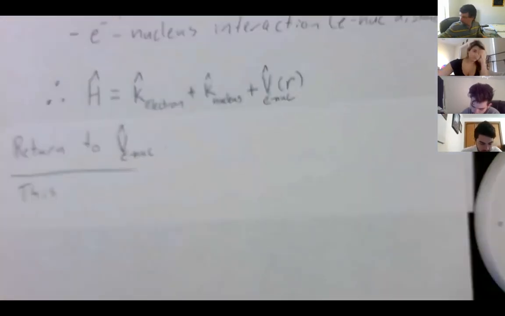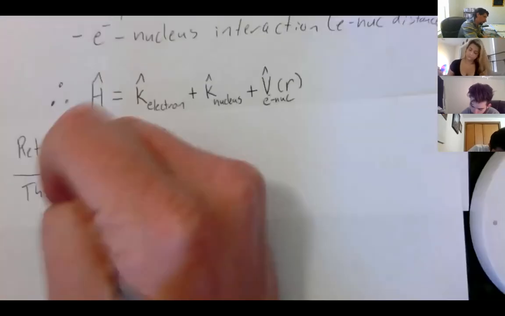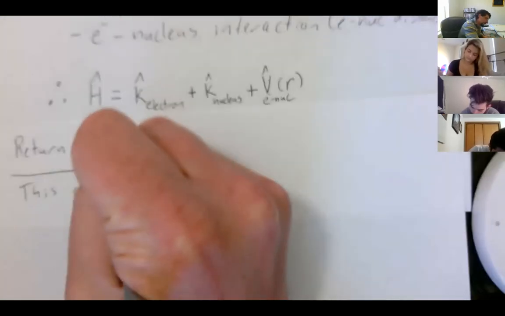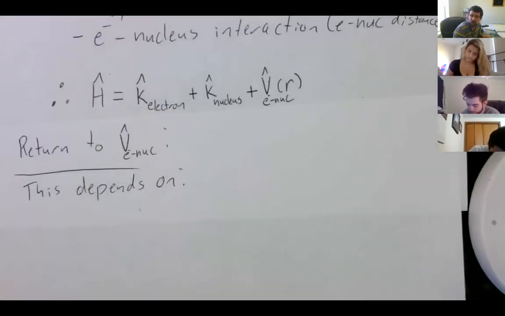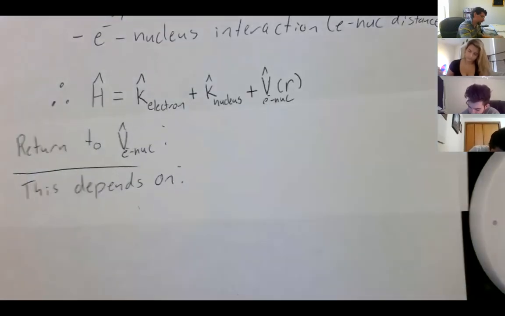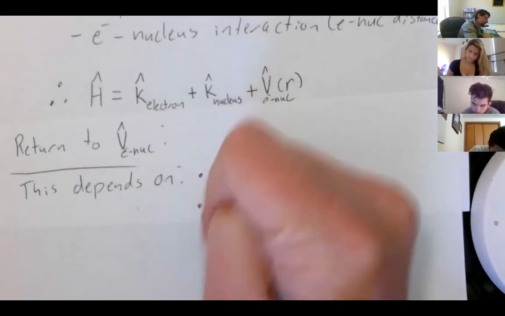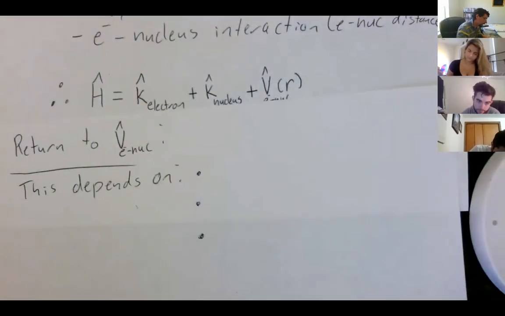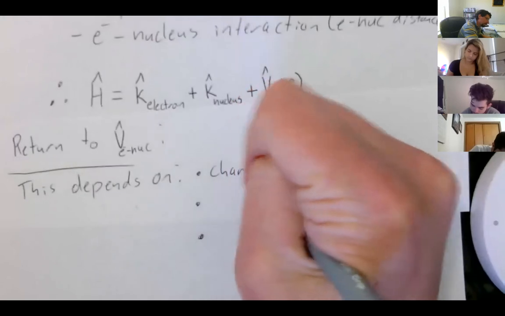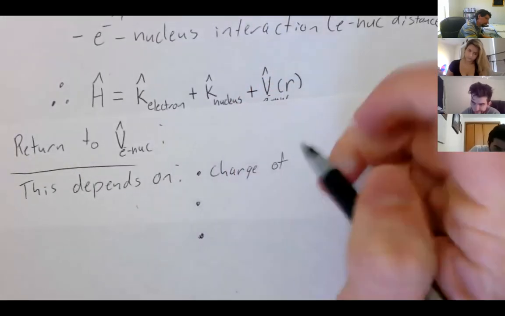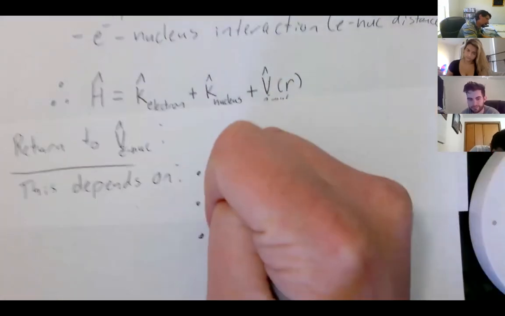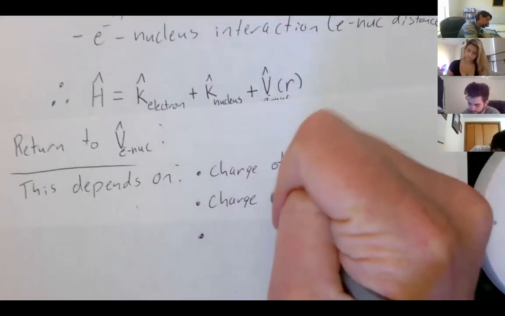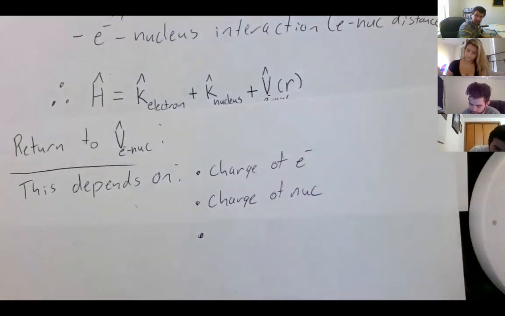So what are some things that the electron nucleus interaction is going to depend on? There are three of them. Charge. Yep. Charge of what? Both. Yeah, charge of the electron, charge of the nucleus. Last one.